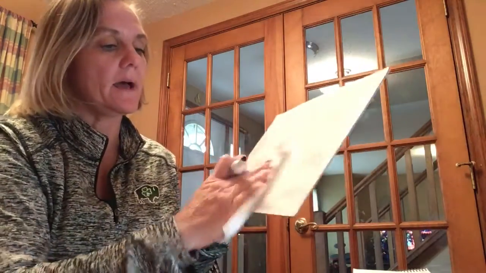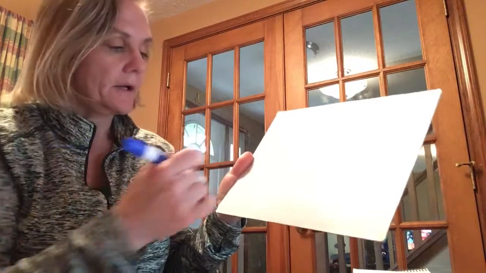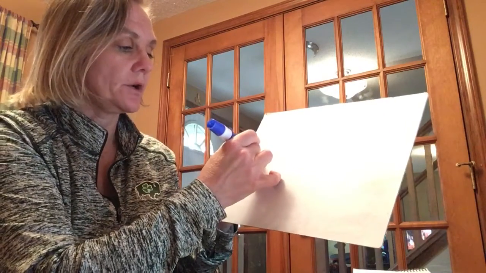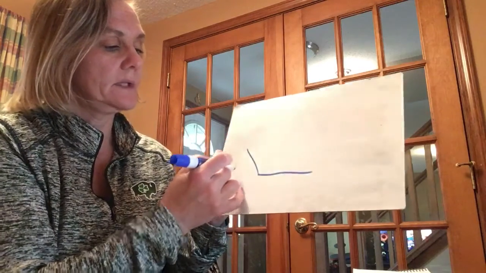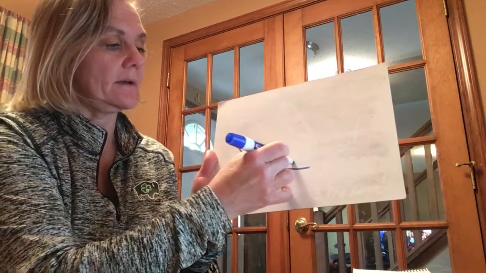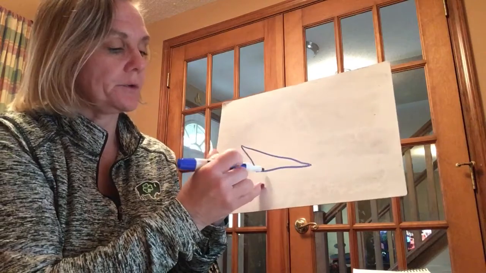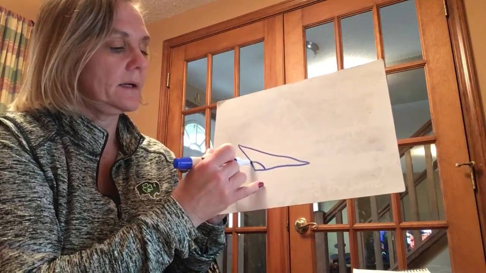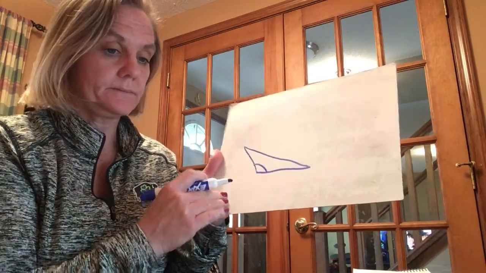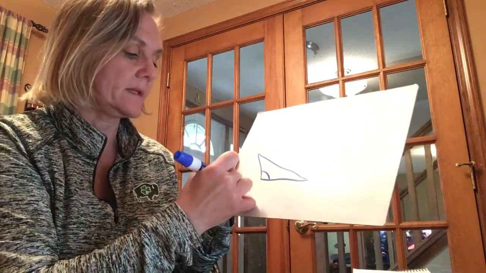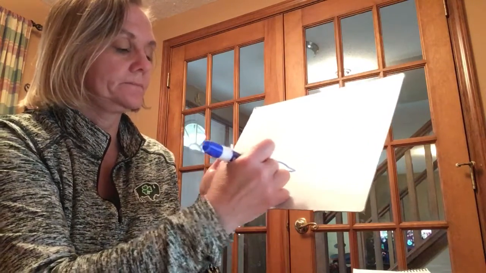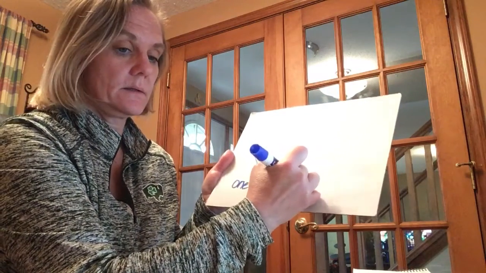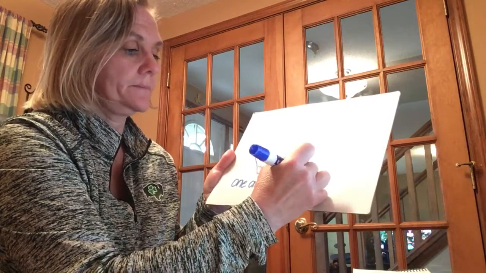And then our very last triangle is our obtuse. So you're going to have a wide angle, and then they're going to make a triangle out of it, and they're going to close it. So this right here is an obtuse angle. Okay, it has one angle that's obtuse. So one angle that is obtuse.